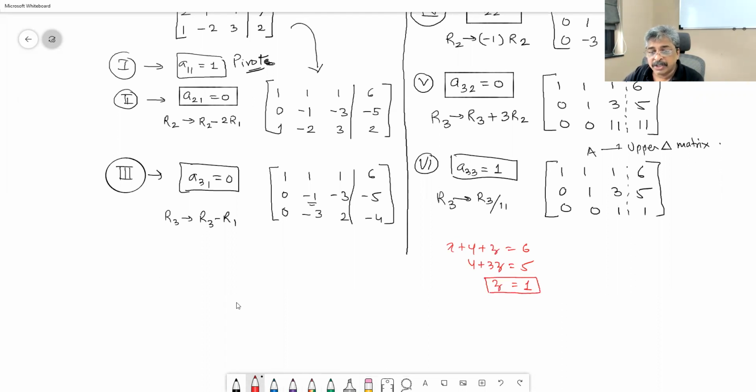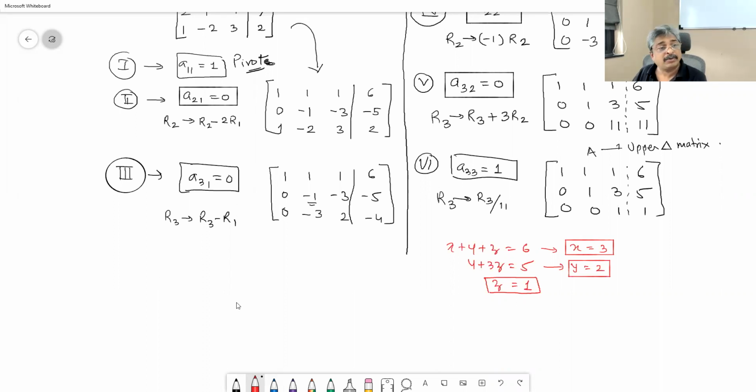If we put z equal to 1 in the second equation, we get y equal to 2. And if we put z equal to 1, y equal to 2 in the first equation, we get x. So you can stop at upper triangular, write down the system of equations and finish the problem.